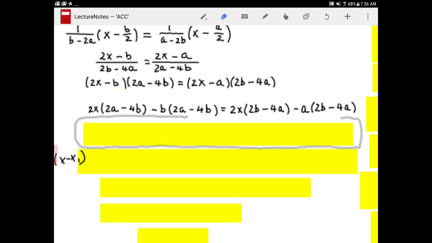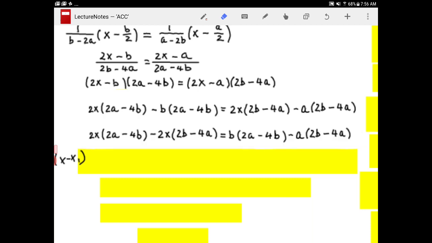The only way that we can do that is to get x out of the set of parentheses there. So the only way is to distribute. I'm going to FOIL the expressions on the left and the expressions on the right. And I'm going to further isolate by bringing everything that has x's over to one side and everything else onto the other.